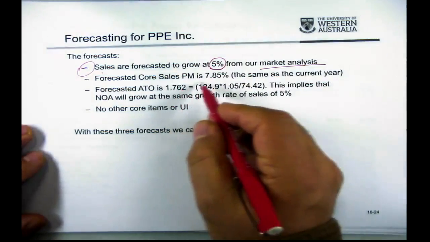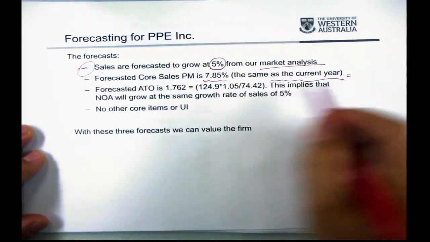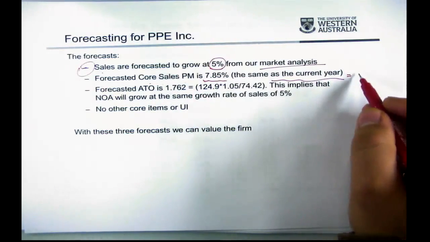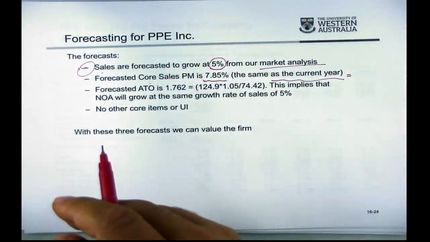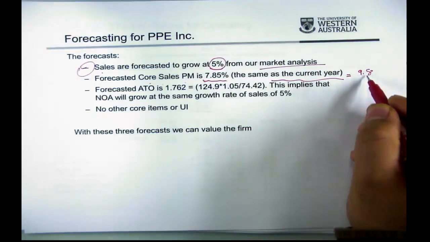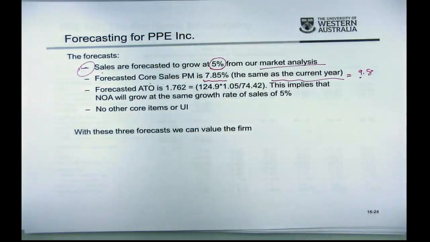Forecasted core sales profit margin is 7.85%. It is assumed to be the same as the current year. Remember, core sales profit margin is the operating income from sales. Operating income from sales, this is 9.8, or sorry, operating income in general. Could you please divide 9.8 by 124.9? How much?